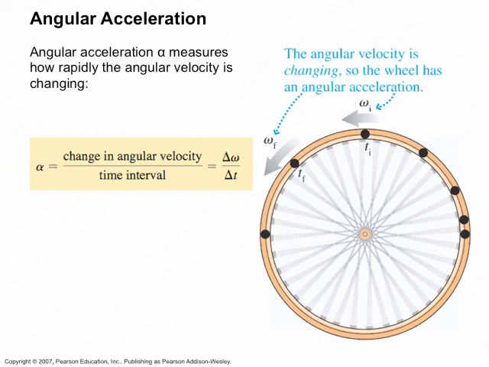So if I apply a force in a direction tangential to the rim of the wheel, so the wheel rotates counterclockwise, then I've created a counterclockwise torque, which is making the wheel rotate ever faster counterclockwise, or I have an angular acceleration, counterclockwise, from the counterclockwise torque.